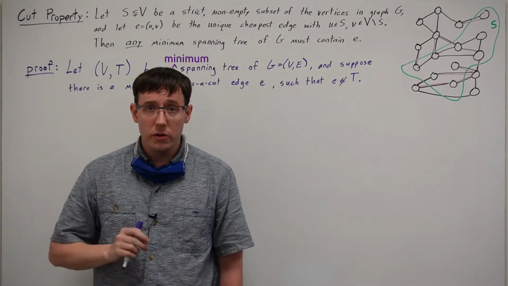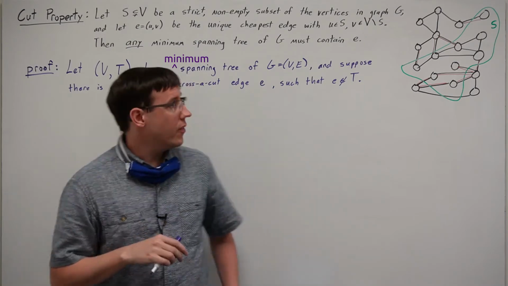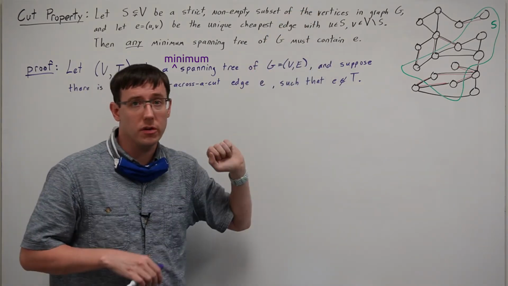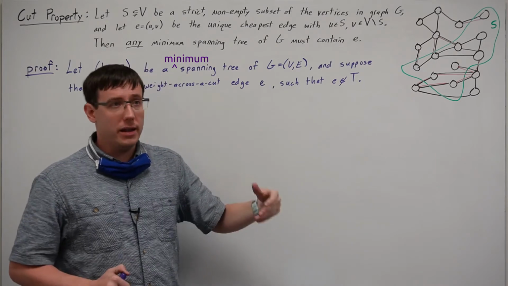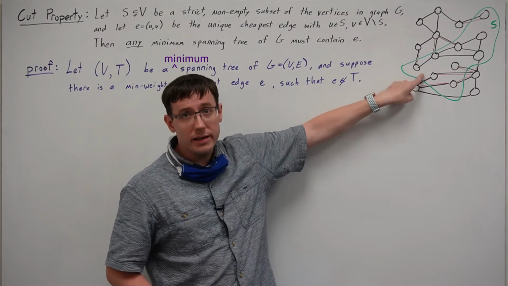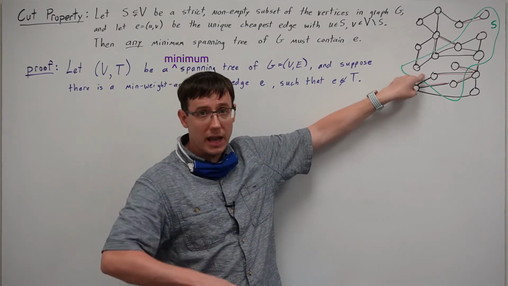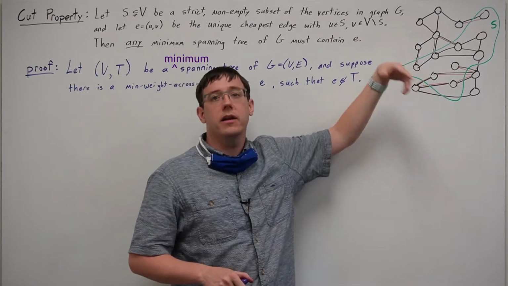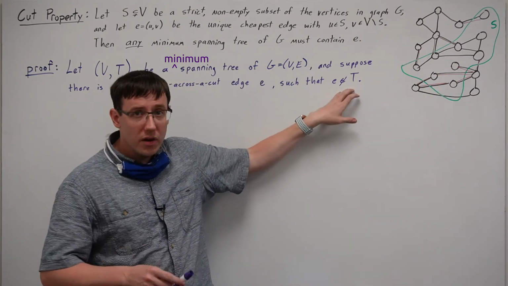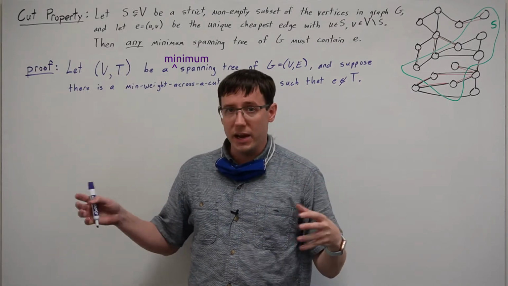So towards contradiction, we are supposing that we have some edge that meets the qualifications of the cut property. That is, there is a set S where E is the minimum cost edge crossing the cut defined by S, and that the edge E is not present in our minimum spanning tree T.